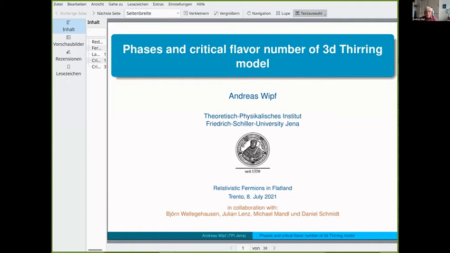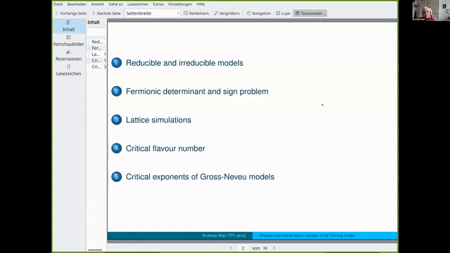It so happens that to understand the Thirring model is much harder than to understand the Gross-Neveu model. I hope to make clear why this is the case. And still, after lots of efforts from many sides, we don't completely agree on the overall picture of what happens in these systems.